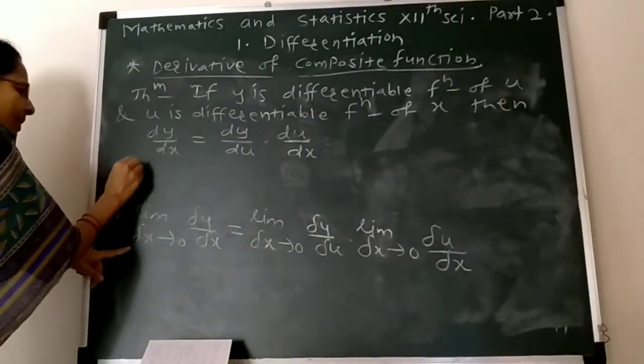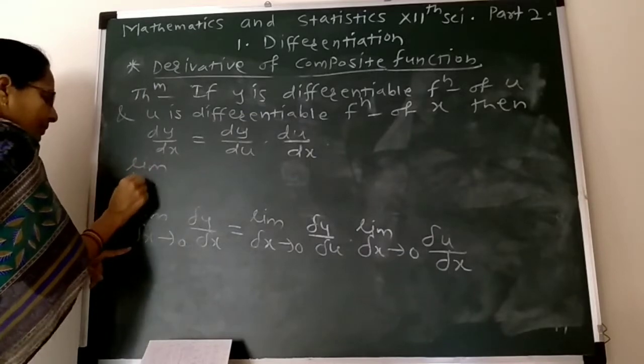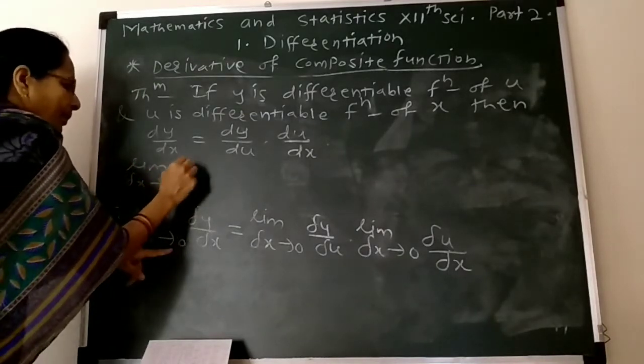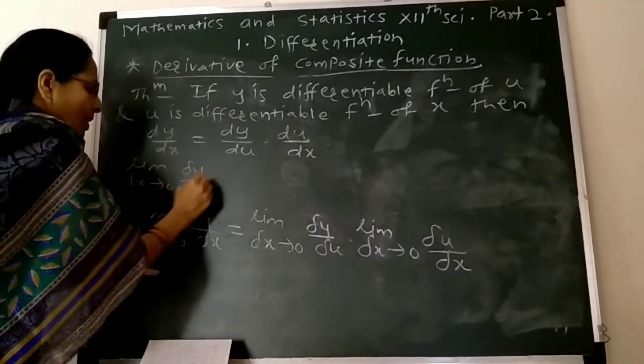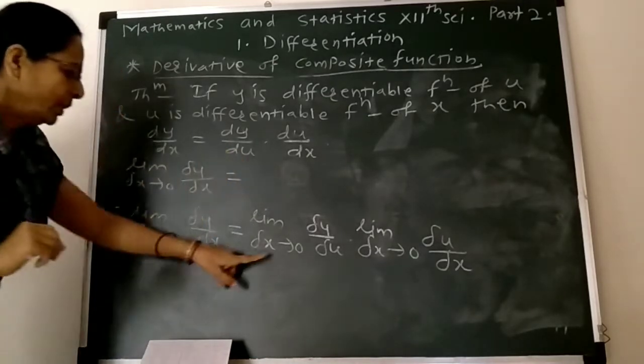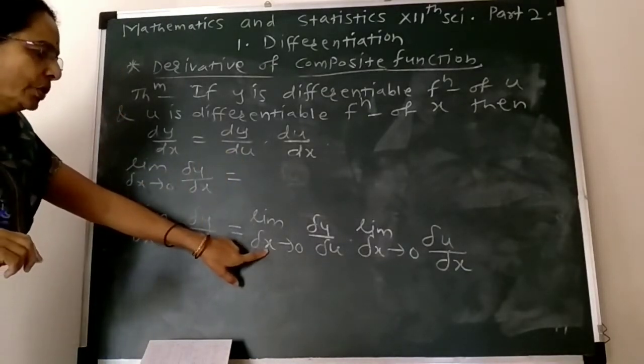Next step is this limit as it is. Here we have to change this limit into delta u.